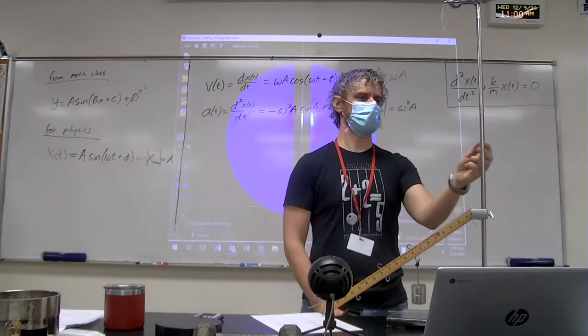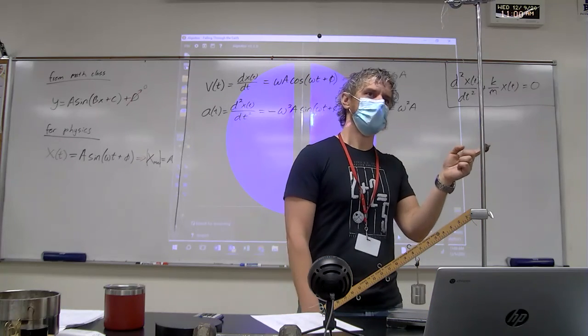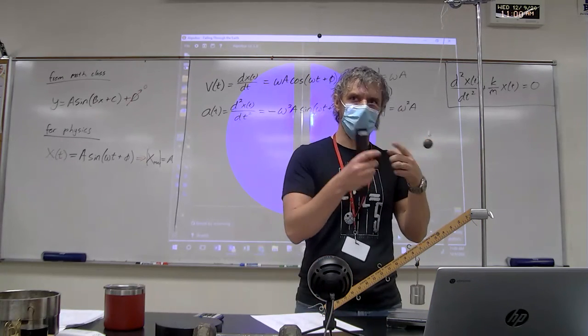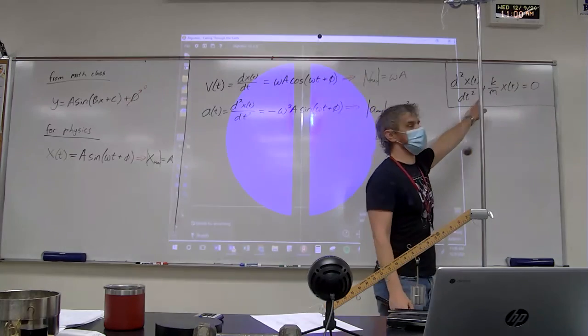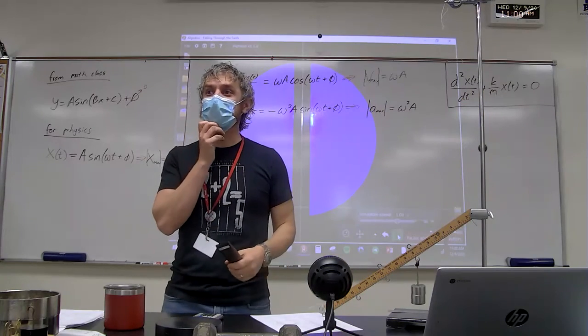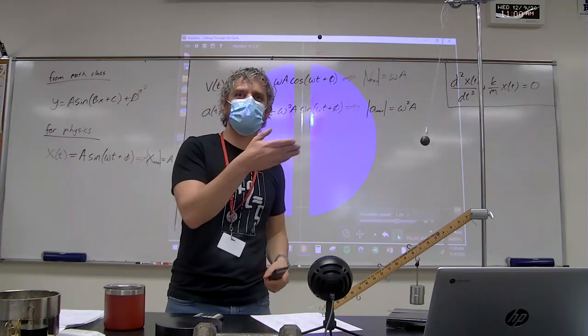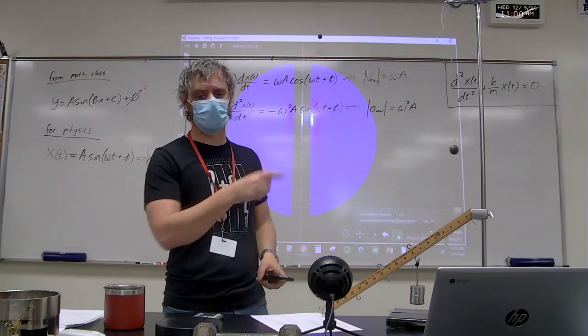Swing it back and forth. We'll do this tomorrow. Actually, we'll talk about the differential equation as applied to simple harmonic motion. That's what we're doing right now. That's what this equation talks about. That's simple harmonic motion, and it applies to any object that has oscillating motion in response to a restoring force. So a pendulum does that.